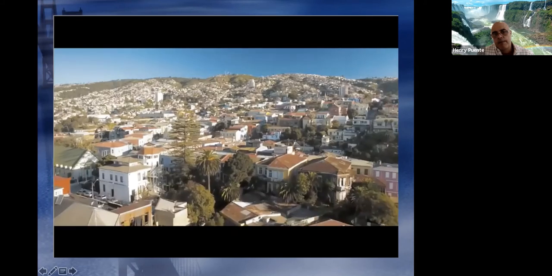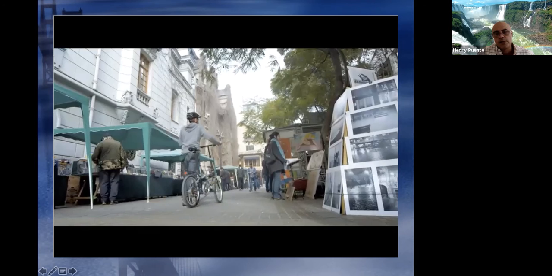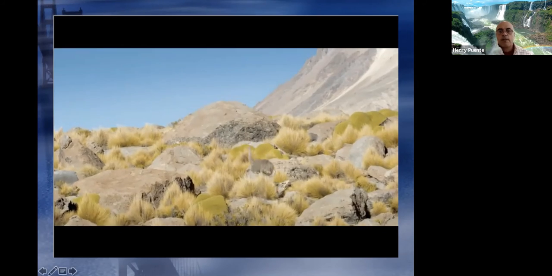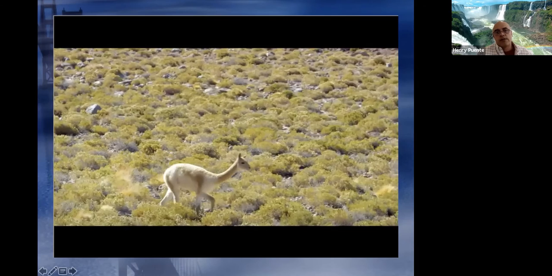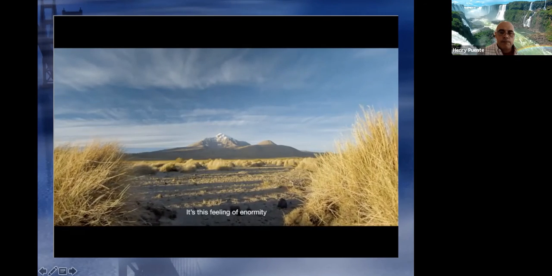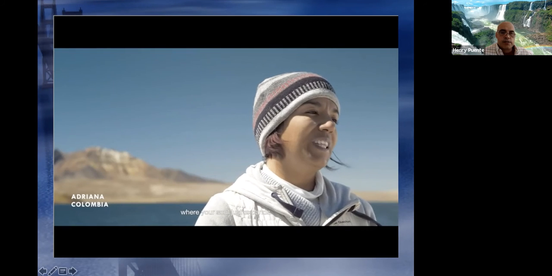Two extremes, Patagonia and the driest desert in the world. And in between you have beautiful cities to hang out in. Es una sensación de inmensidad donde el alma está como expandida.